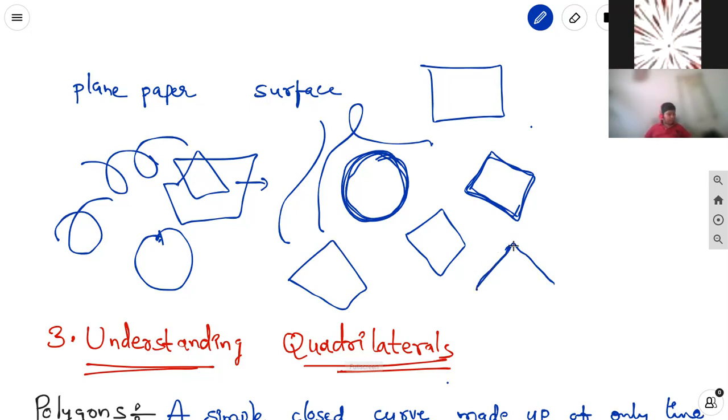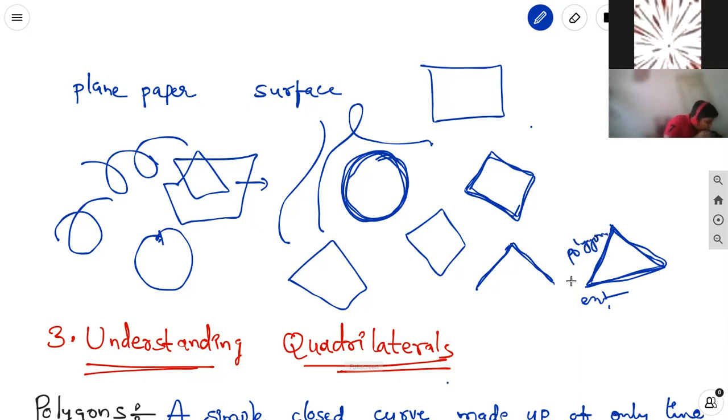If we take two lines, the two end points do not coincide. If we take three lines, for example a triangle, the triangle is a closed curve with three sides. Three lines are joined one to another and it's closed, so this is called a polygon.